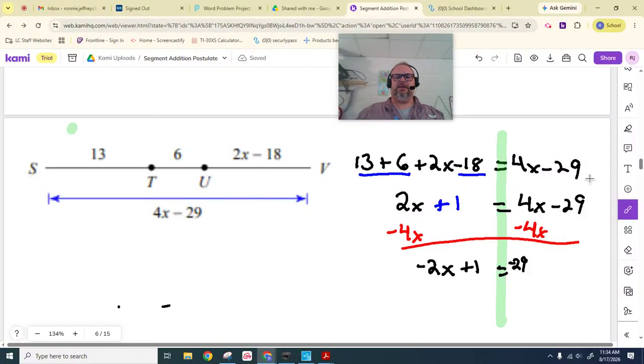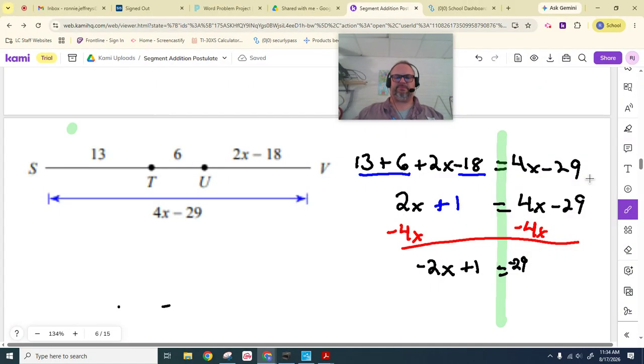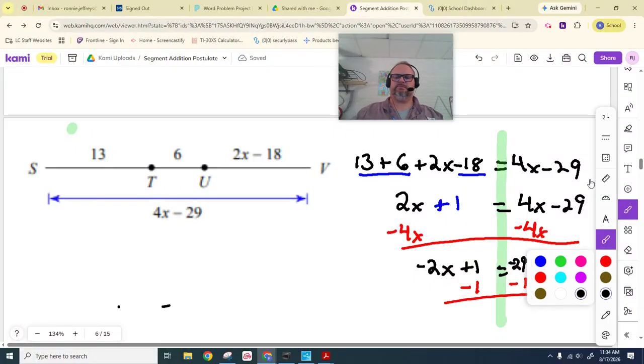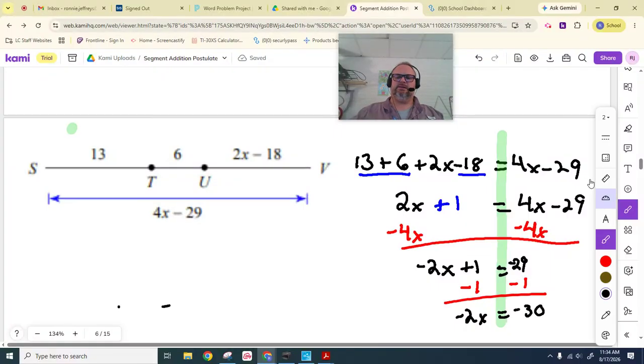All right. Now I need to move that over. This one over. So negative 2x equals negative 30. Side by side, I must divide. All right.